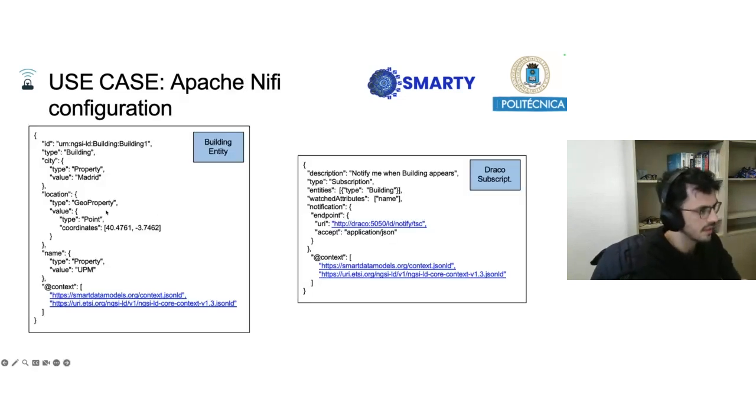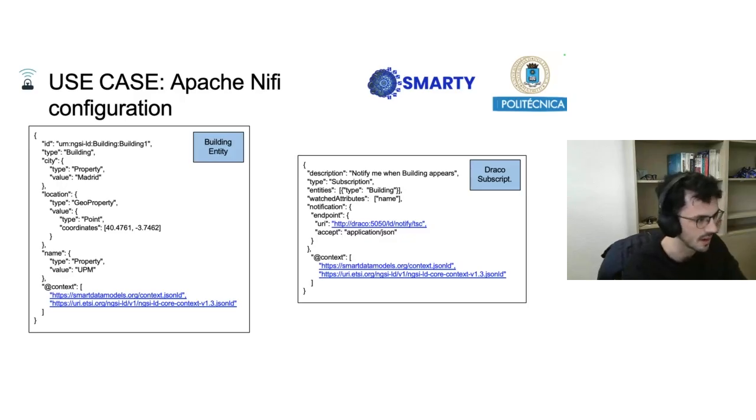So if we see an example of an entity, of a building in this case, they have these properties, and this is the NGSI-LD format. And what we are doing with NiFi is to subscribe to any entity that appears or is updated in the context of this solution.